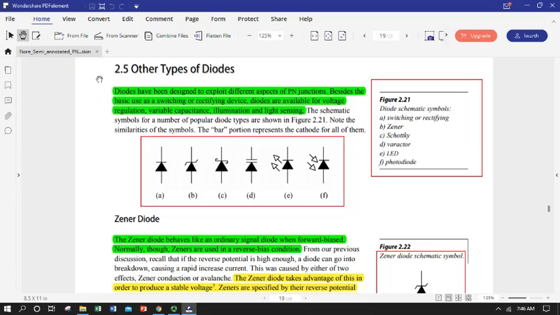We acknowledged that diodes, like any other material, have some ohmic resistance, and we looked at how we would define that ohmic resistance on our exponential current versus voltage curve that represents how diodes work. And the most important takeaway there was the diode ohmic resistance changes depending on where we're operating the diode, how much current we're forcing through it.